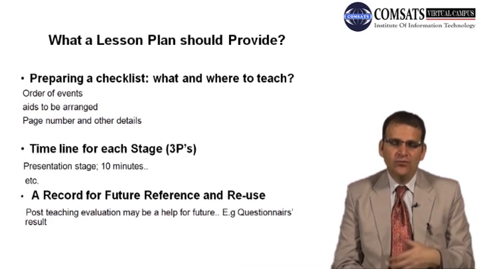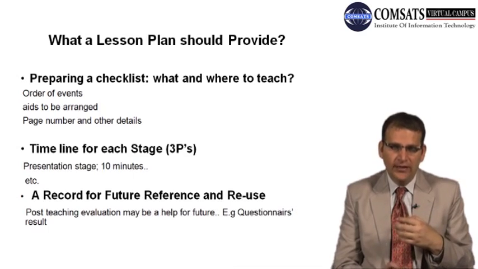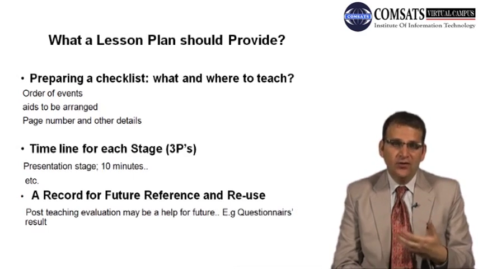These points would help you in your future lesson plans. The points that you take down after every class would definitely improve your teaching in the coming classes. So it is very important that you keep a record, write it down. With that record you can improve your teaching, and with every class you need to improve your teaching.